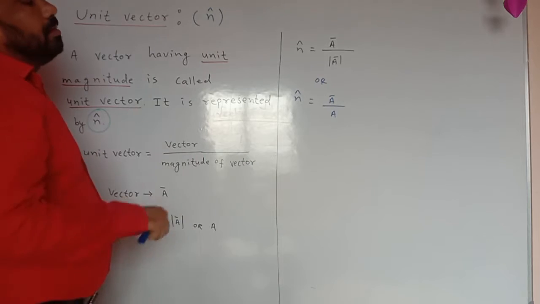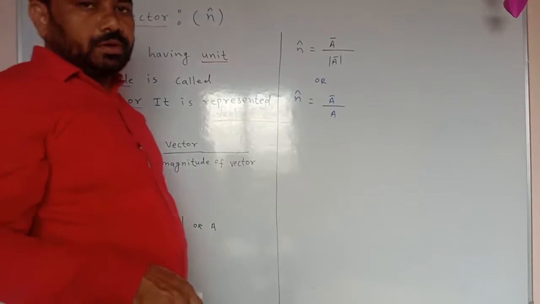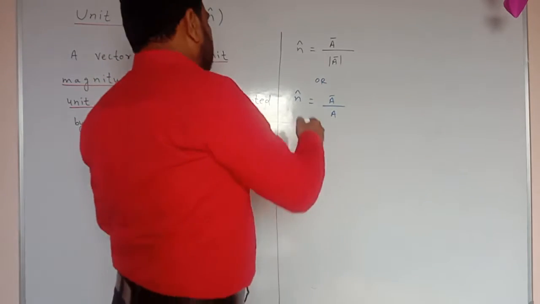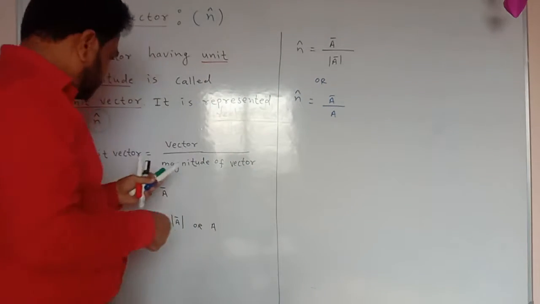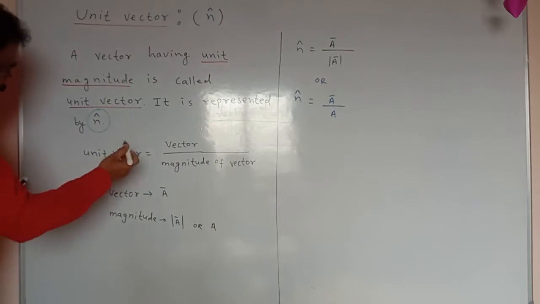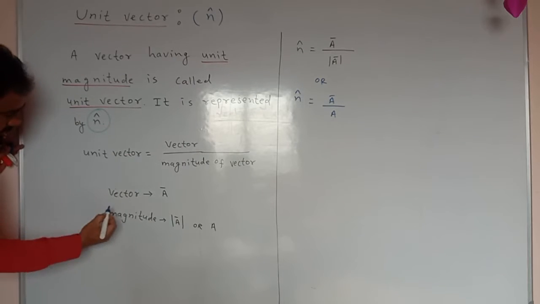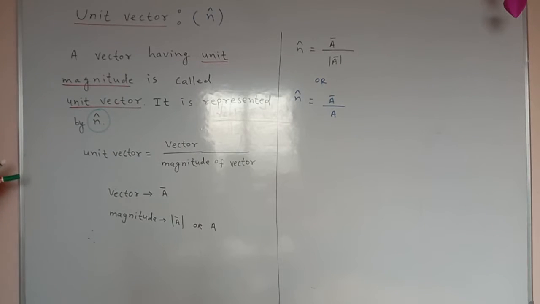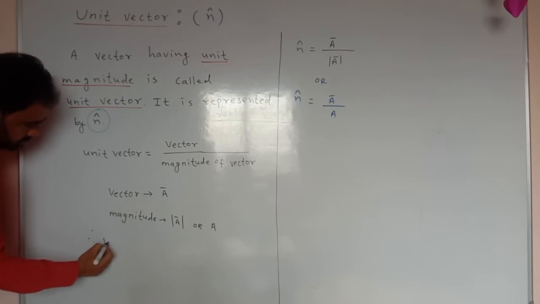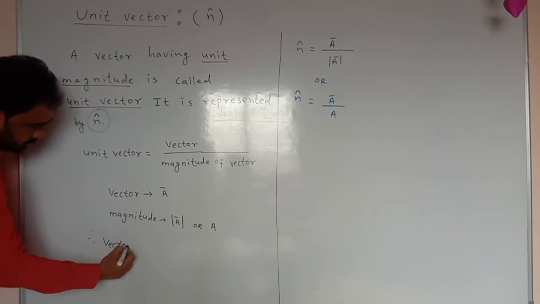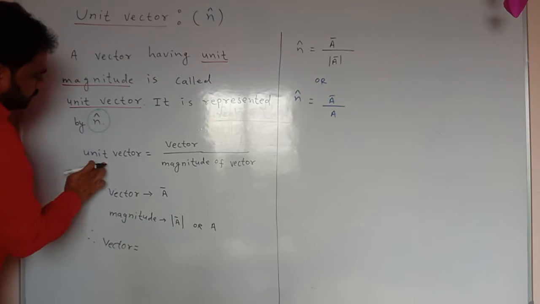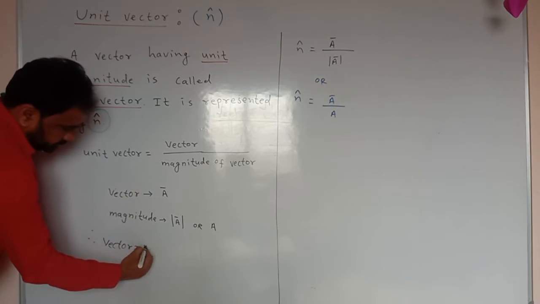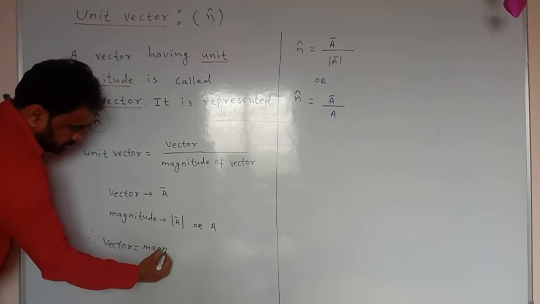Now what is the meaning of vector? According to this relation, see here, using this formula, how can we write the vector? Therefore we can write vector is equal to magnitude of vector multiplied by unit vector.